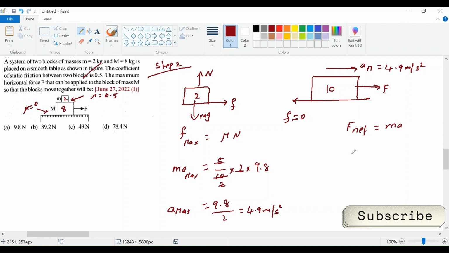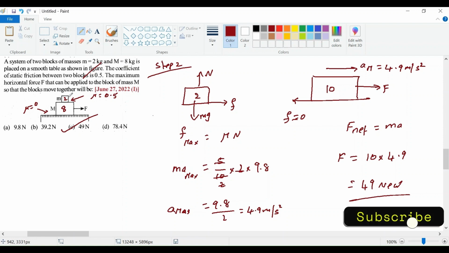The only force acting is F equal to ma. Mass is 10, acceleration 4.9, so the answer is 49 Newton. This much force is required to move the blocks together, the maximum force possible. More than 49 Newton, and the 2 kg mass will slip. Thank you so much.